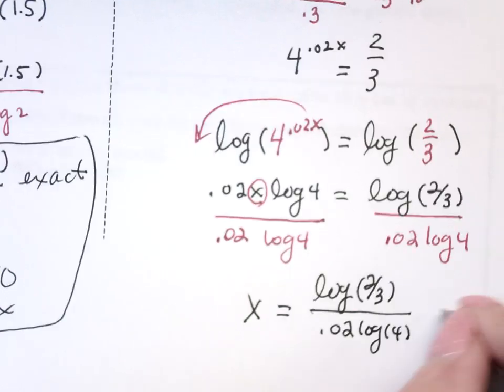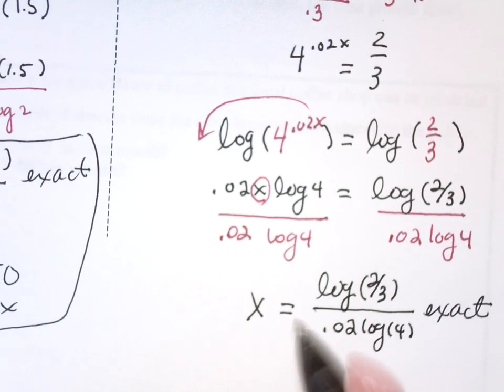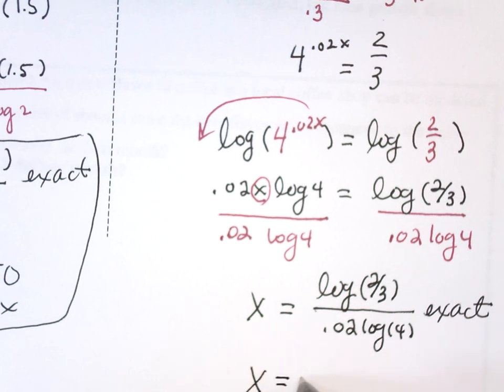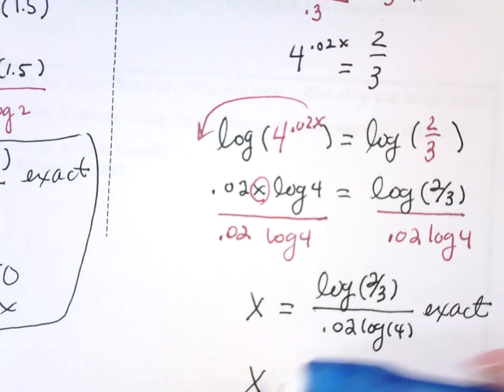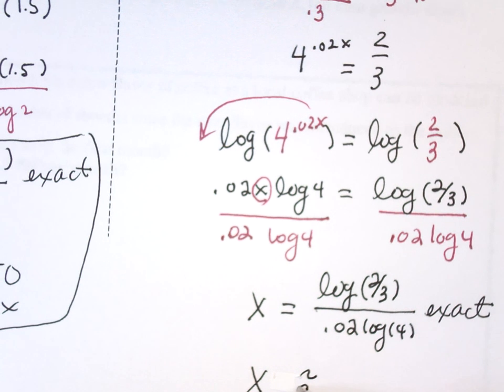Now again, that's your exact answer. If I want an approximate answer, x is approximately negative 14.6241.